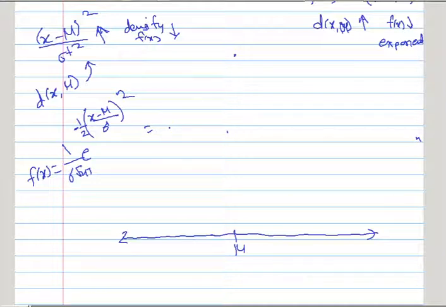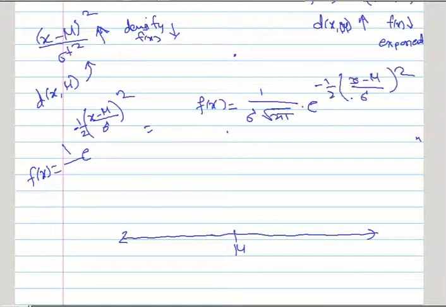And therefore the univariate normal density will now be defined as 1 upon sigma root 2 pi e raised to minus 1/2 x minus mu upon sigma bracket square. So this is the actual form of the density of the univariate normal distribution, where mu is this central value, which is nothing but the mean parameter of the distribution.